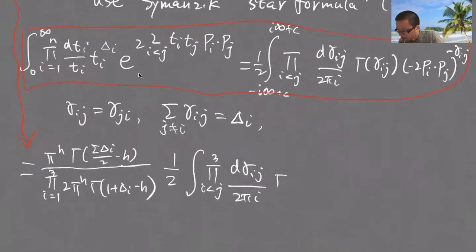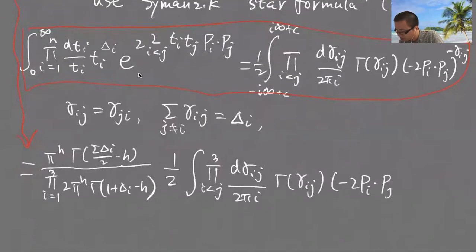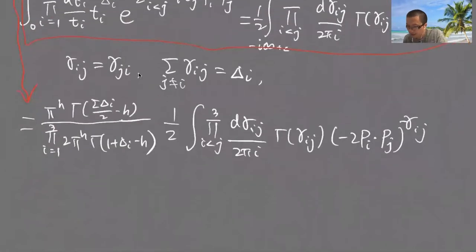So it's the gamma function, gamma ij, minus 2 pi dot pj. And as I said, the gamma ij satisfy this constraint.